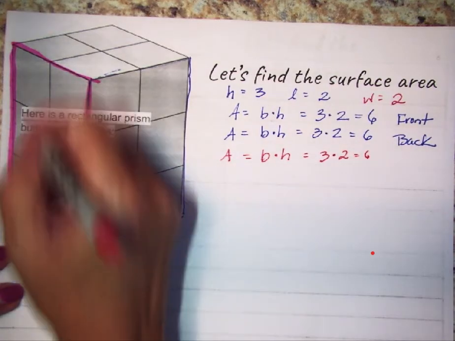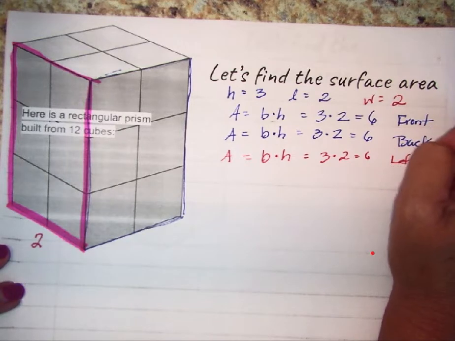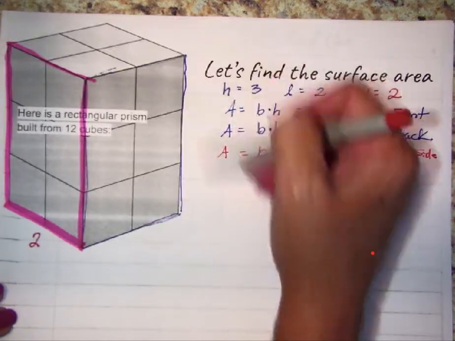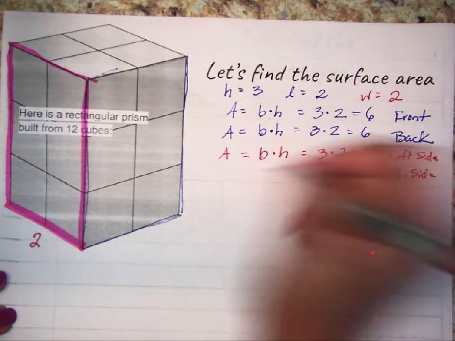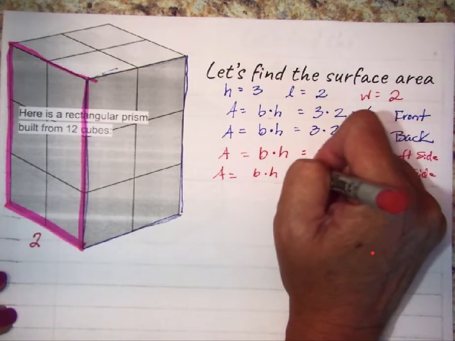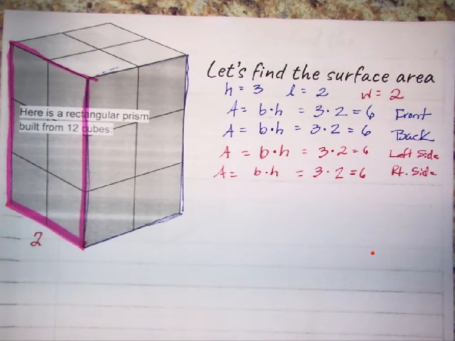And we said this was a side. We're going to call this the left side. And then over here where we can't see, we have the right side. Area equals B times H equals 3 times 2 equals 6. Wow, we see a little theme going on. That won't always be the case.